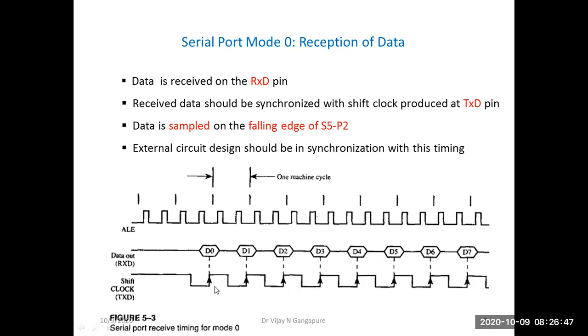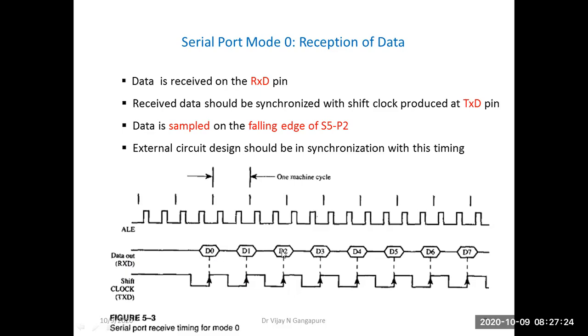During this machine cycle, that bit will be sampled, during the transition from low to high of the shift clock pulses being generated on the TXD pin, which is nothing but the falling edge of P2 in S5 state. So when TXD changes from low to high, whatever data is available on the RXD pin will get sampled and shifted into the SBUF register.